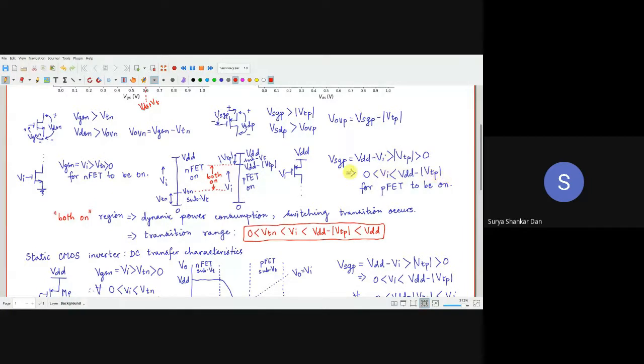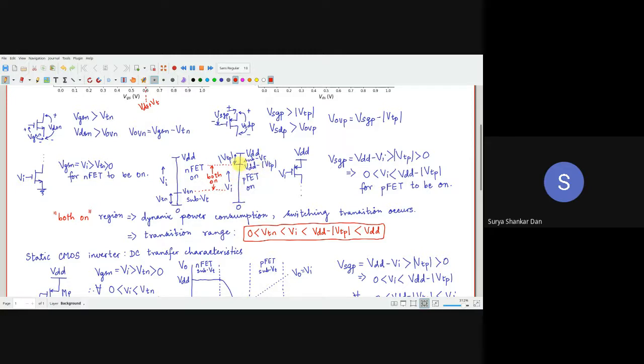And obviously VI is positive because you are applying a positive voltage only, na? This VI is varying between 0 to VDD. That means VI is always positive. So now if I plot this range on this line here, what is the situation? The PFET will remain on as long as VI is less than VDD minus VTP. तो 0 से लगा के यहाँ पर है आपका VDD minus VTP.